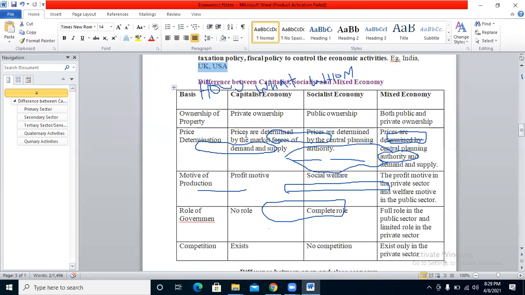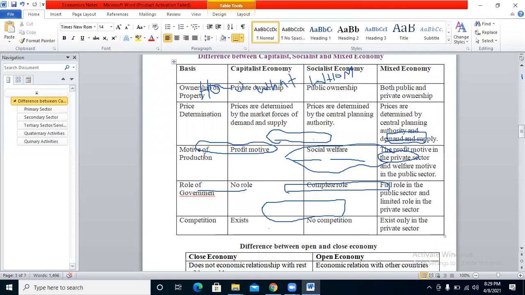In the capitalist economy, prices are determined by market forces, depending on demand and supply. In the socialist economy, prices are determined by the central planning authority, which is known as the government. But in the mixed economy, prices are determined by both the central planning authority and demand and supply, so both government and market determine prices.